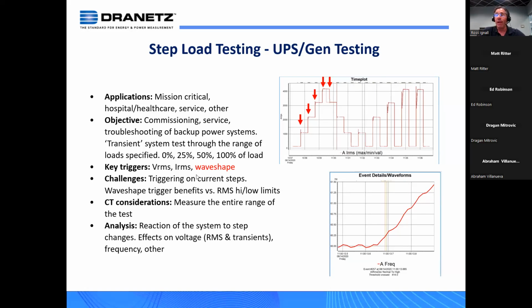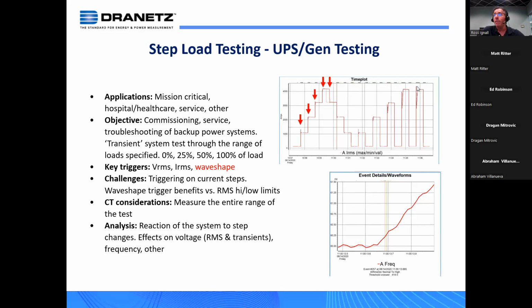So again, the challenge is triggering on those current steps, and the wave shape triggers are very, very beneficial versus the high and low limits, which are kind of a moving target for this. So the CT considerations are really the same as anything else. Does it measure this entire range? Can I measure down at 25% and all the way up to 100% of my load, with a little bit of headroom, because you can see there's some overshoot here.